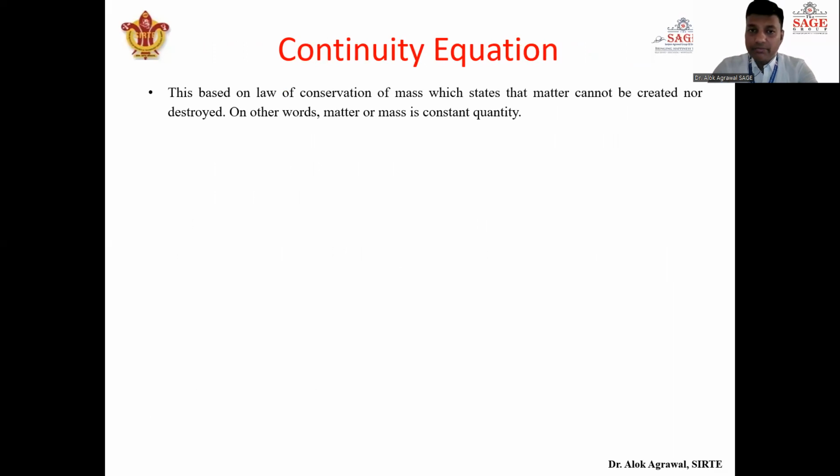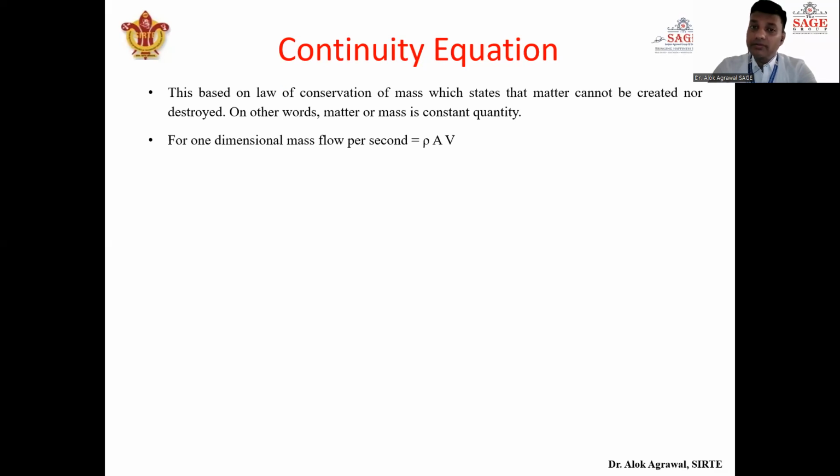What does it mean? It means that the mass flow rate will remain constant, because if there is a flow in a pipe, and no mass is added in the pipe and no mass is getting out from the pipe, then the mass flow rate in the pipe will remain constant. For one dimensional flow, the mass flow rate per second can be written as rho into A into V, density into area into velocity.